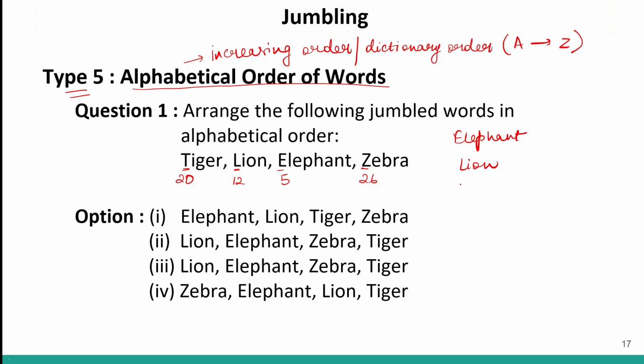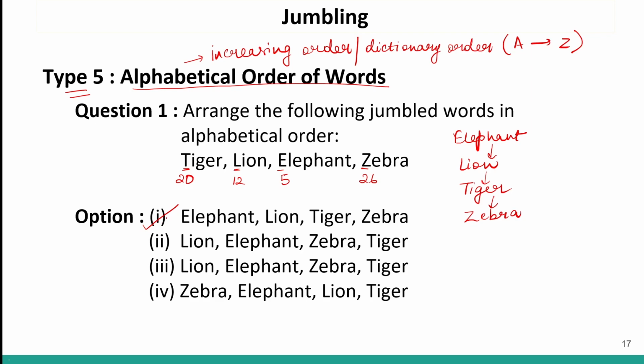The third word will be tiger. And the fourth word will be zebra. So logically, it will be elephant, lion, tiger, and then zebra. This will be the logical order. So this is given in option number 1. So our answer will be elephant, lion, tiger, zebra. Option number 1 is the correct answer.